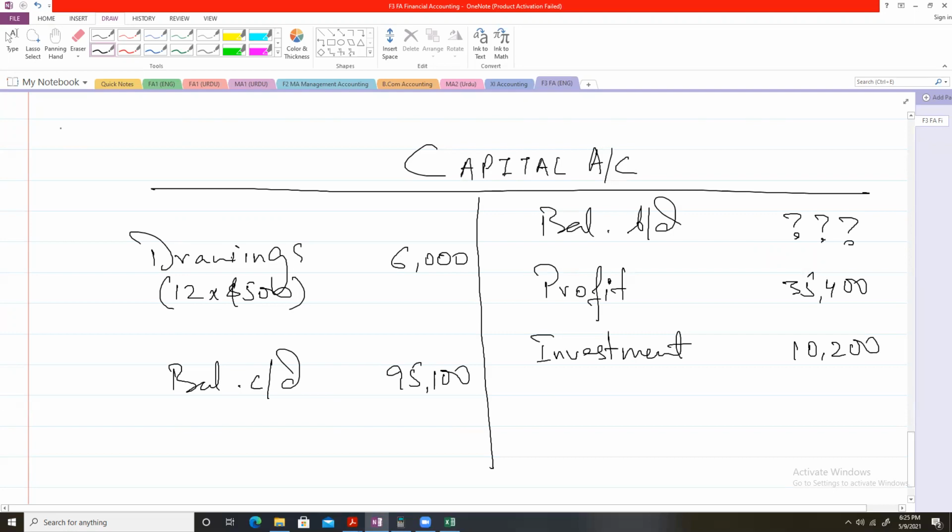In your primary school, you should have done small maths questions like these: 2 plus blank is equal to 5. What should be written in the blank? 3 should be written in the blank. This is a missing figure.